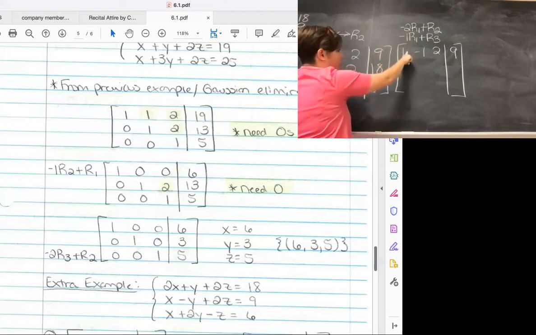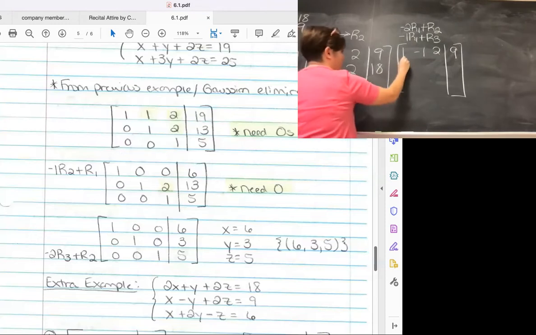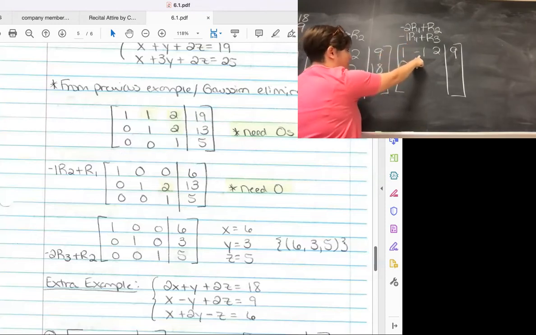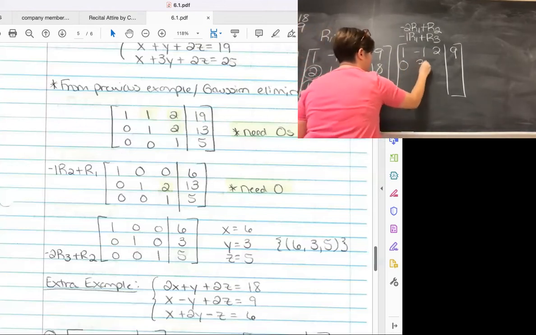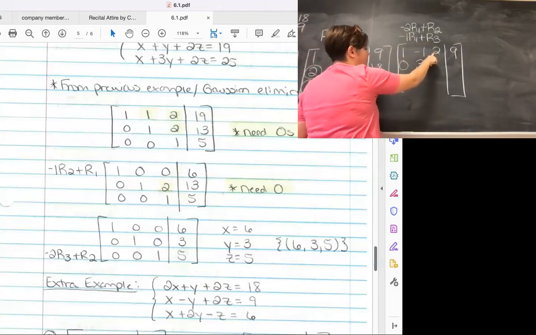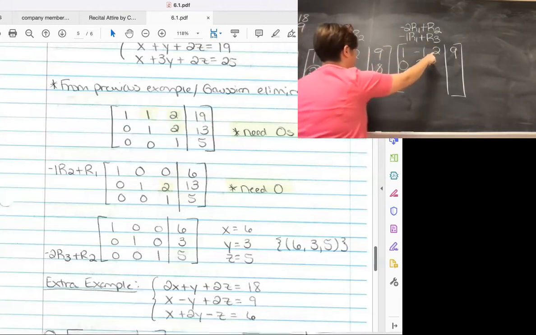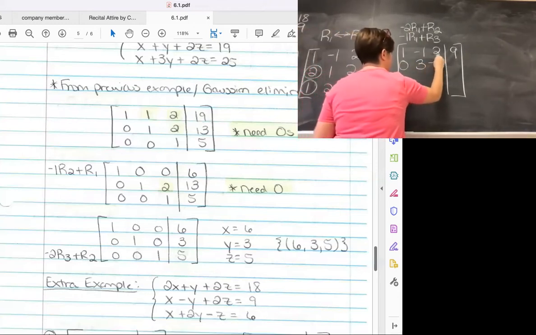So negative 2 times 1 is negative 2. I add that to positive 2, and I get 0. Negative 2 times negative 1 is a positive 2, and I add that to a positive 1, which will give me 3. Negative 2 times positive 2 will give you a negative 4. Add that to positive 2, and I have a negative 2.